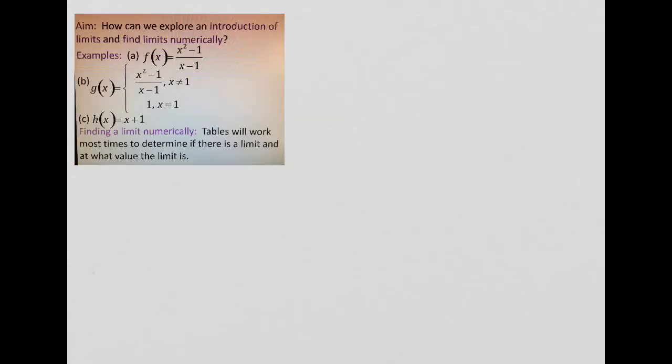So these are our examples. We have 3 different functions we're going to find the limit for. And the way in which we're going to find the limit of these today is numerically. You may want to write this down first, even though I put it underneath. To find a limit numerically is with a table. I said that in the beginning of the video.